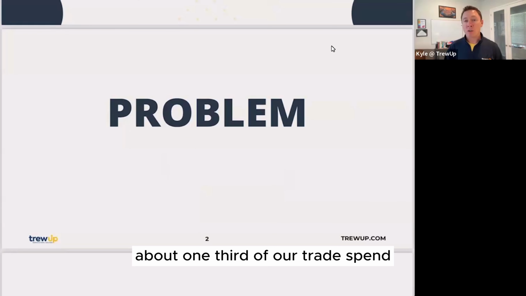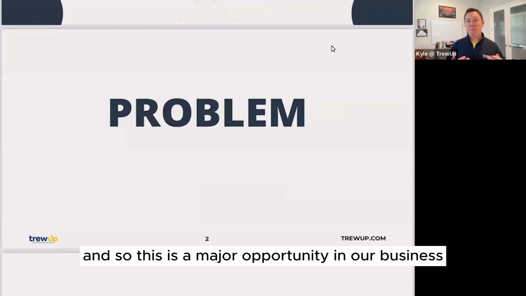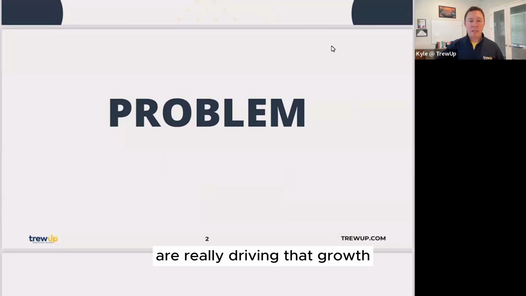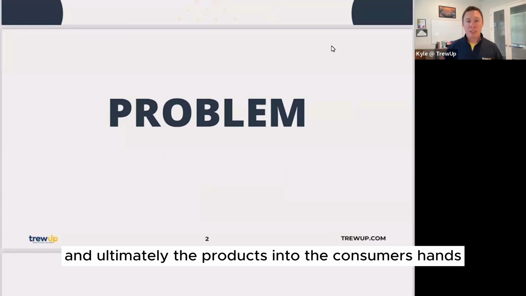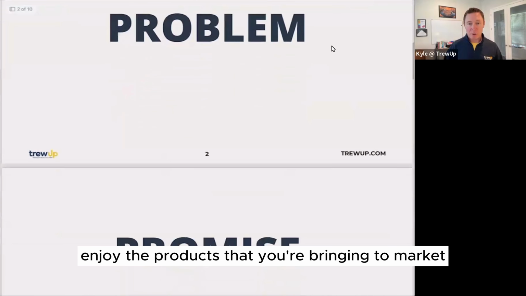About 1/3 of our trade spend within the CPG industry is wasted each year. And so this is a major opportunity in our business as we work to ensure that those dollars are really driving that growth and that profitability and ultimately the products into the consumer's hands, and ensuring that they can enjoy the products that you're bringing to market.